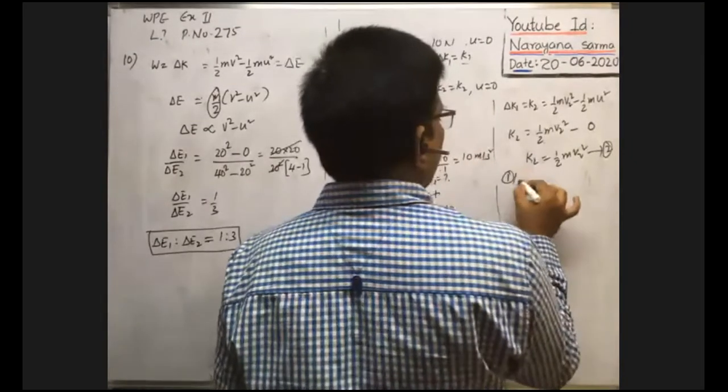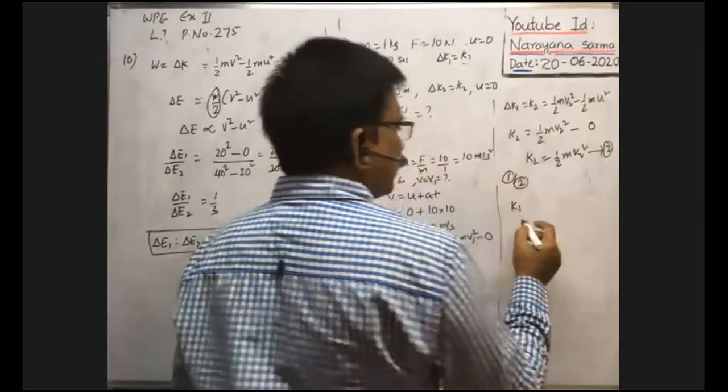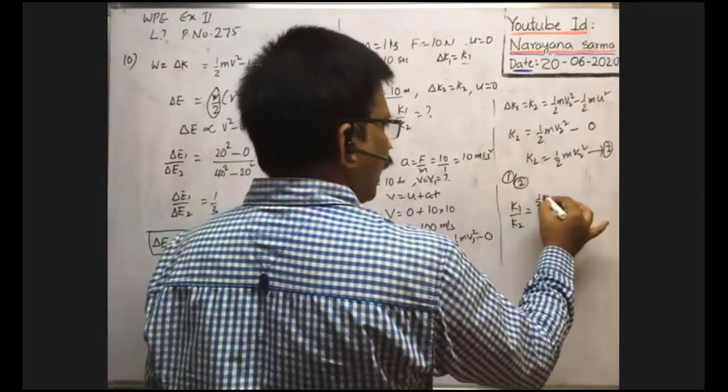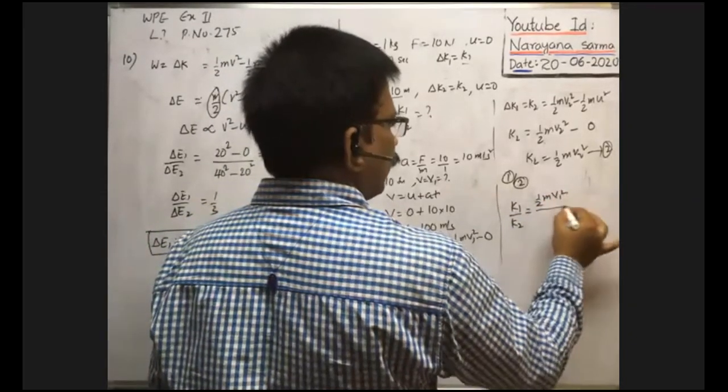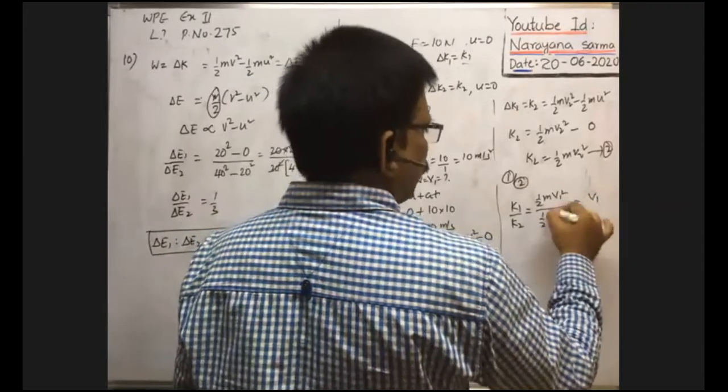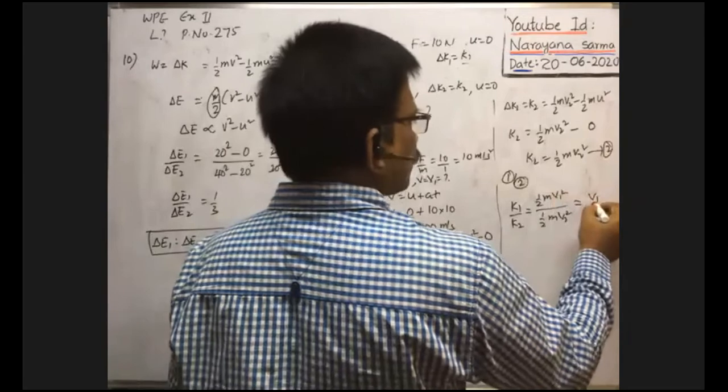Now we divide 1 and 2 because they asked K1 by K2. K1 by K2 is equal to half m into v1 square by half m into v2 square. So the m's cancel because in both cases the same body is there.